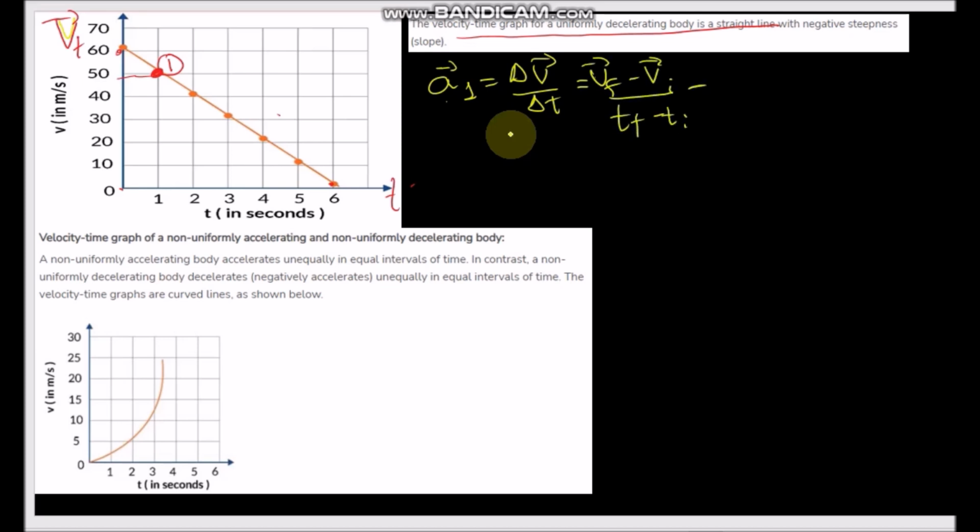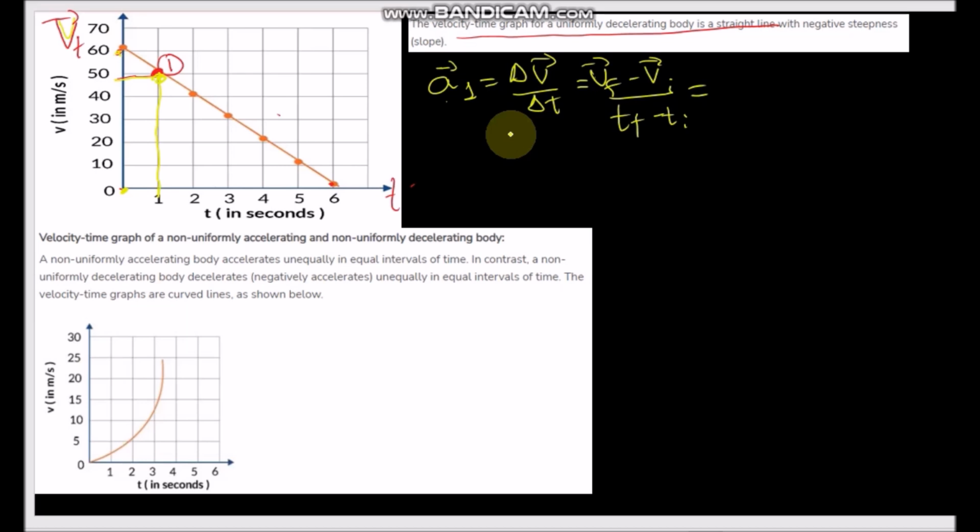The same thing, but there is a change. What are the initial velocity and the initial time? The initial velocity is 60. The initial time is 0. Don't forget this point. The v final at this point we have is 50, and the t final we have is 1.